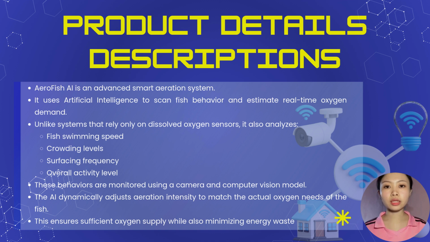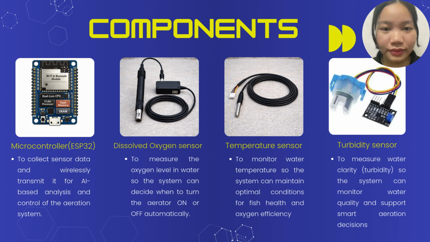The AI then adjusts aeration intensity dynamically to match the actual oxygen needs of the fish, ensuring sufficient oxygen supply while minimizing energy waste. Next, I will explain some of the main components used in this system.